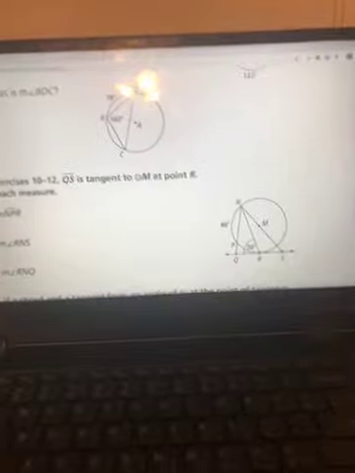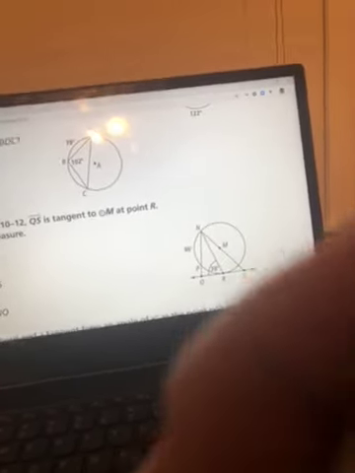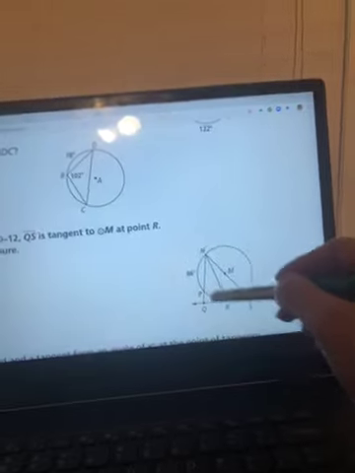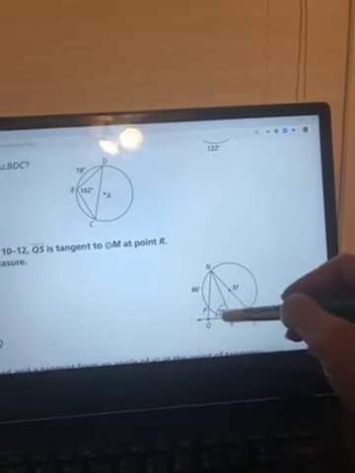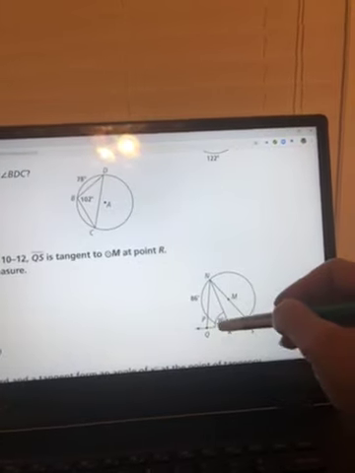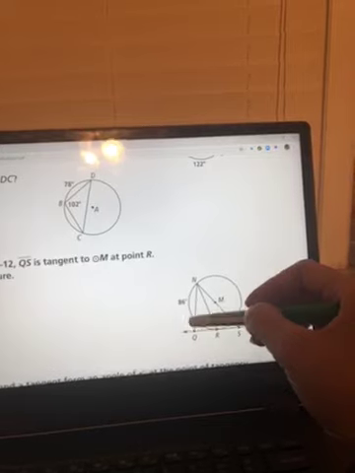So what you would have to do is remember that the entire intercepted arc is going to be double this. So your intercepted arc is from N to R, which would be 140 degrees. And N to P is a portion of it, it's 86.